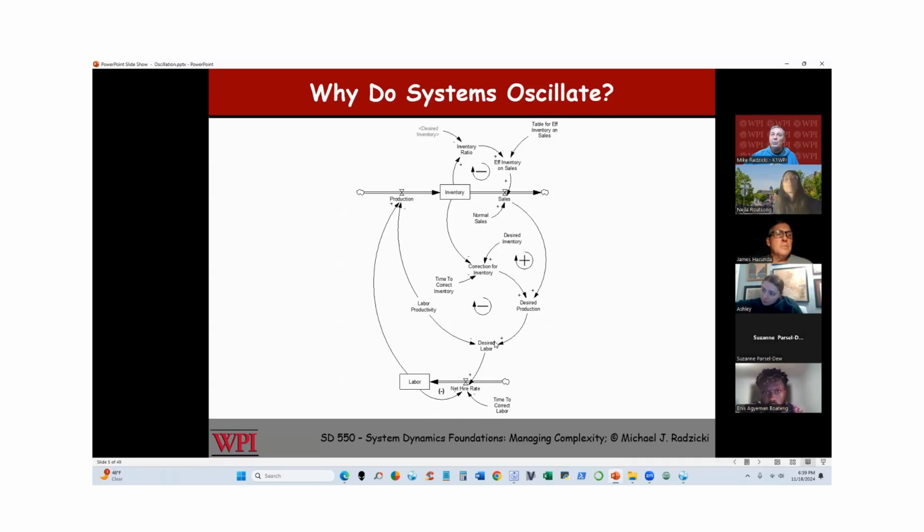But you have to use people to do the production. How many people do you need? It depends on how many widgets each person can make per week or whatever. That's your desired labor, but you can't change labor instantly. And then you use the labor you have, along with its productivity, to make this stuff.